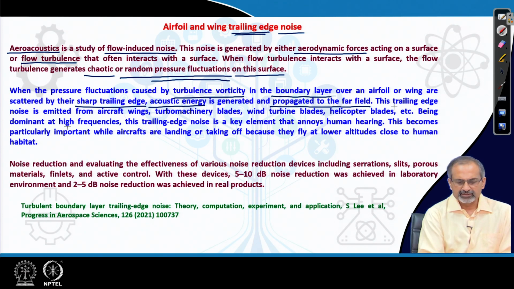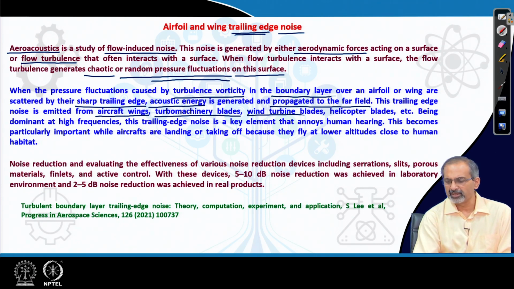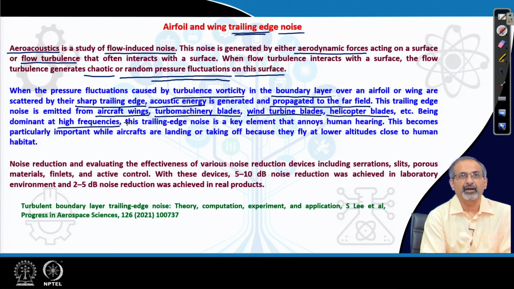So, this trailing edge noise is emitted from different kinds of aerodynamic surfaces like aircraft wings, turbomachinery blades like blades of turbines and compressors, wind turbine blades which often can be very large and are extremely important in today's perspective of renewable energy generation. Also helicopter blades, and they are dominant at high frequency. So, it is a high frequency, generally broadband noise as we say.